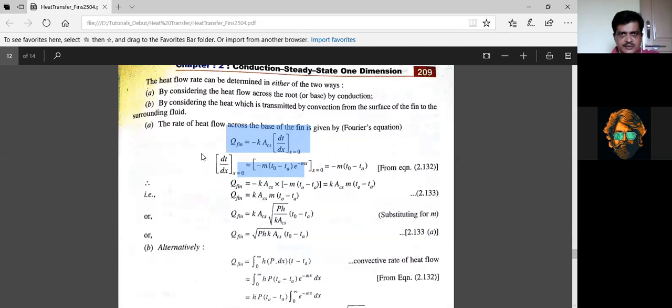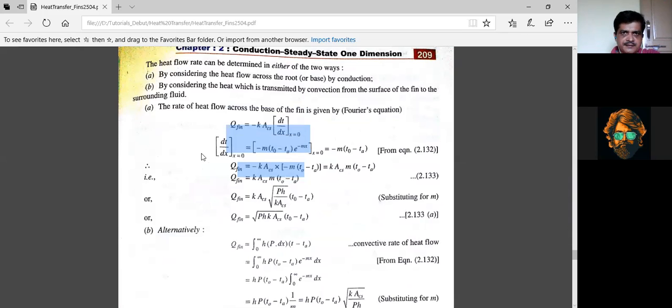Now let us substitute this dT by dx here. See, this equation 2.133 is very important. Please remember that equation to solve the problem. That is Q fin at the base, the heat transfer equation, K, A cross sectional area, and m, as I have shown you, is root of hP by K A cs, into T0 minus TA. This is very important.